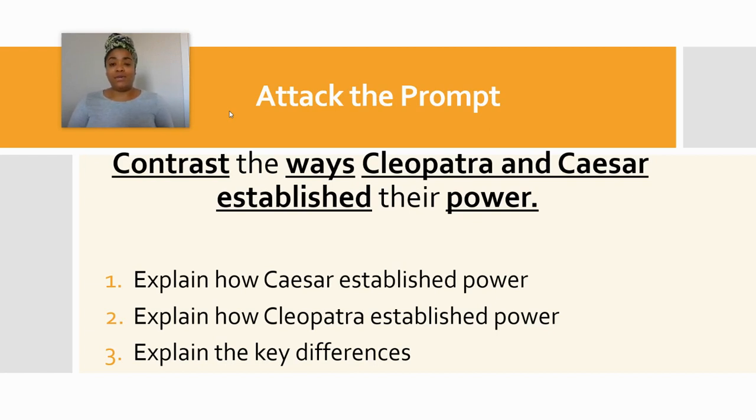I'm going to give you a few seconds to make sure you've written down all 3 steps and underlined or circled those keywords that stood out in our prompt. All right, and in 5, 4, 3, 2, and 1.